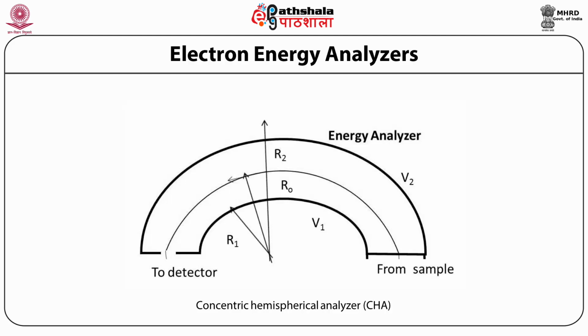Commonly, the spectrometer is run in the CAE mode for XPS and CRR mode for Auger electron spectroscopy. The CAE mode maintains the pass energy of the CHA as constant. The electron energies are analyzed by recording the change of electron retardation.